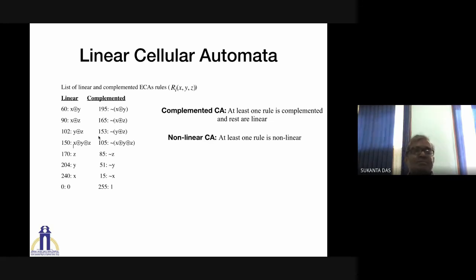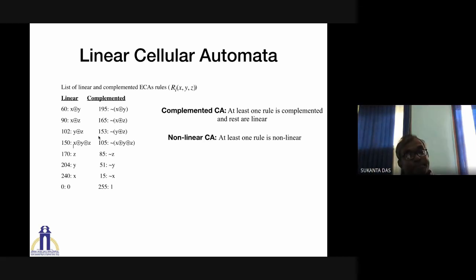Right? We shall discuss them. So our final interest is in this class of CA, which is non-uniform elementary CA. This CA is called hybrid CA in the literature. If not stated otherwise, by hybrid CA we mean this class only, right?